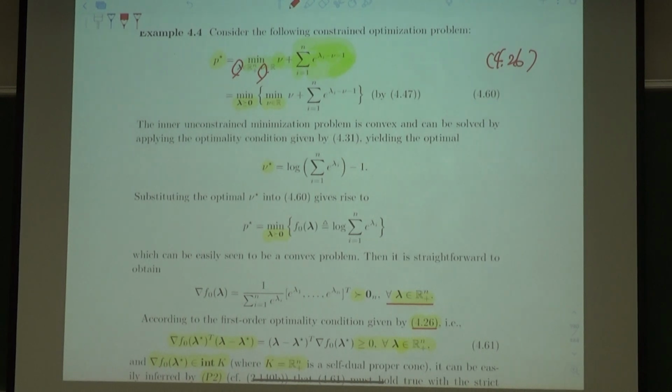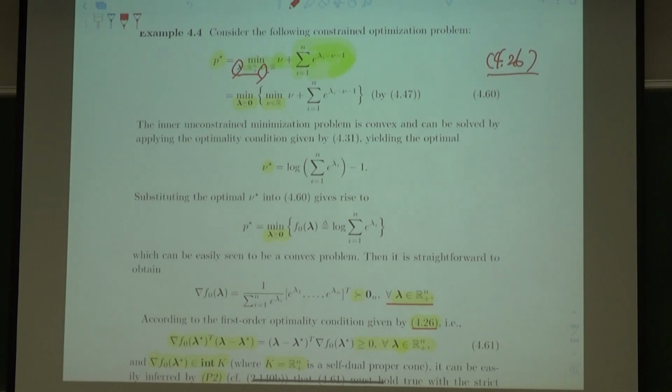But lambda, yes. Lambda 1, lambda 2, they must be non-negative. They are not unconstrained. So they are constrained here. So can you use 4.26? The directional derivative must be greater than or equal to 0. But you can try.